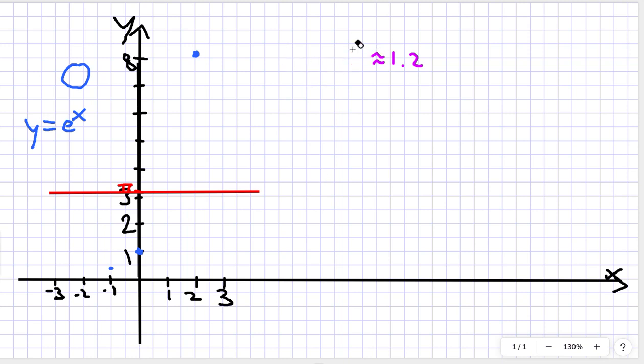And what you're going to realize, I don't know if you know this, but what happens when you have an exponential graph with a number between 0 and 1? What happens if you do an exponential graph with a fraction?